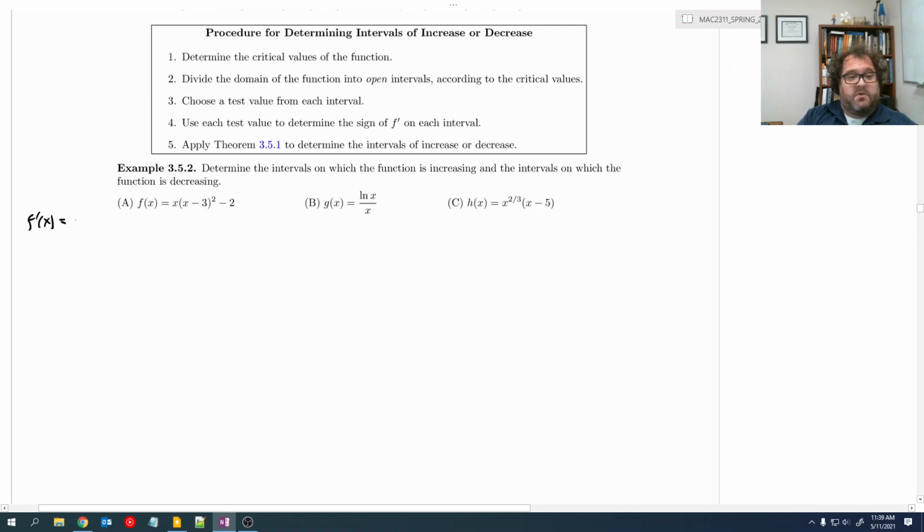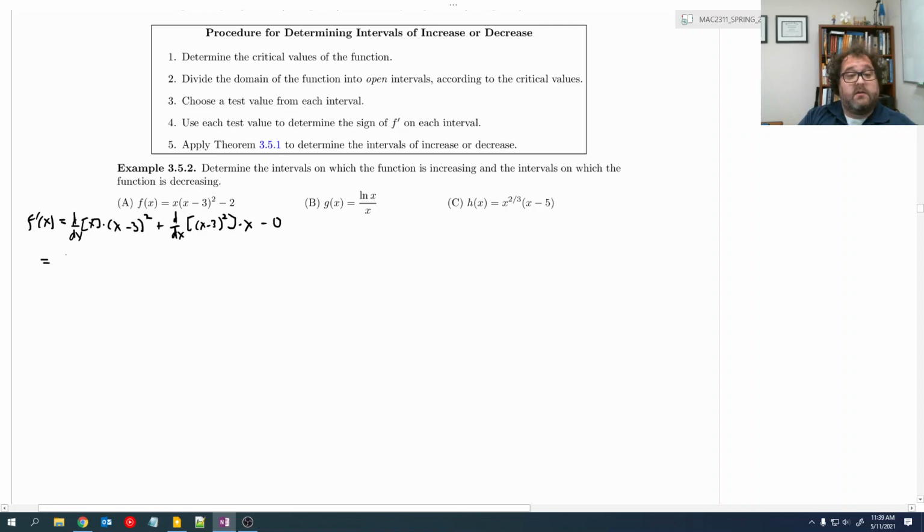It's going to be the derivative of the first function, x, times the second function, x minus 3 squared, plus the derivative with respect to x of x minus 3 squared times the first function x, and of course the derivative of 2 is 0.